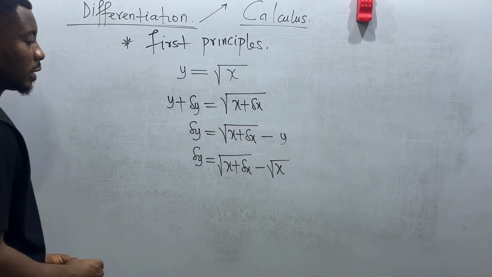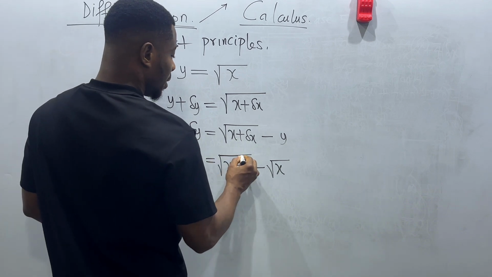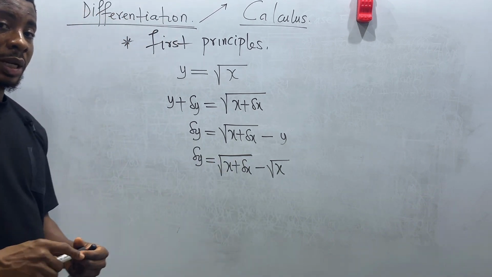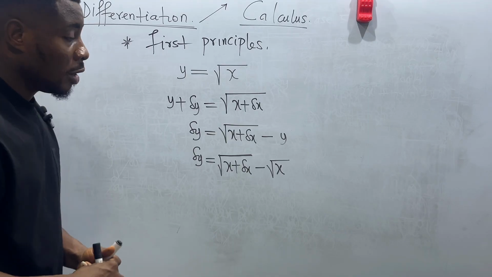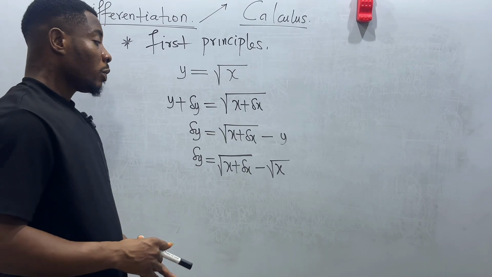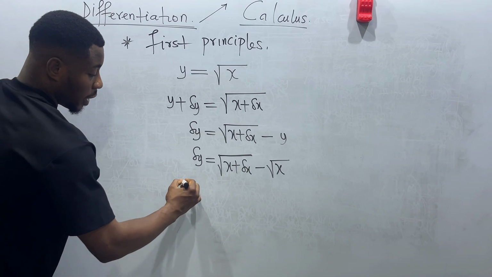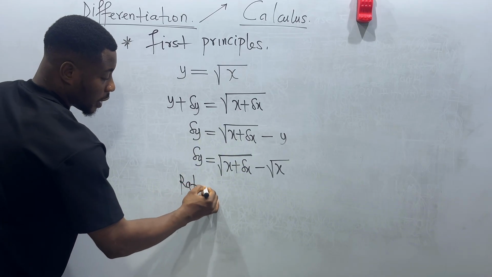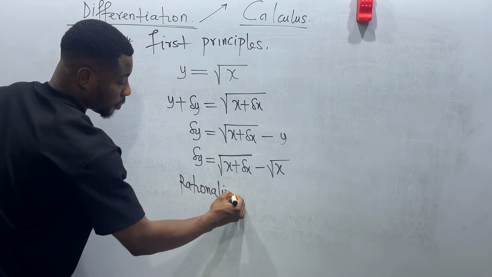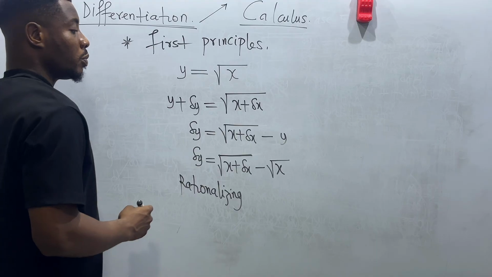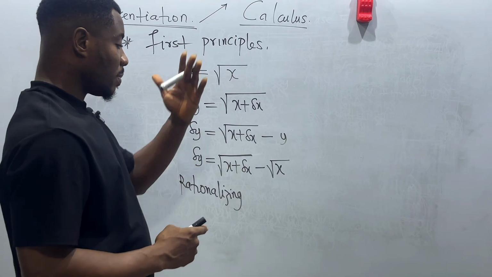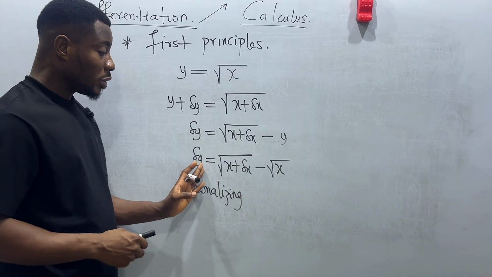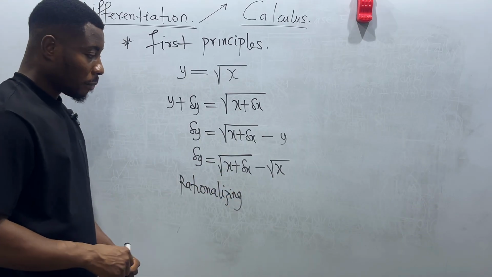Now, when we get to this point, we're going to apply a method in maths called rationalization. Now, what we have here is a surd. So we're going to see how we can rationalize this surd. When we rationalize a surd, we multiply the top and bottom of the surd by the conjugate of the surd.